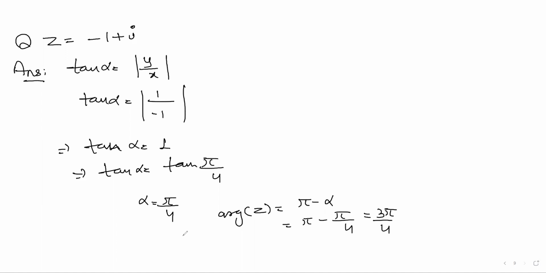Safan, this done. Yes, sir. Done. Now next, please try this question. Z is equal to minus root 3 plus iota. Okay, please try this.